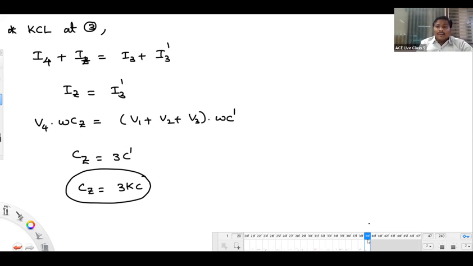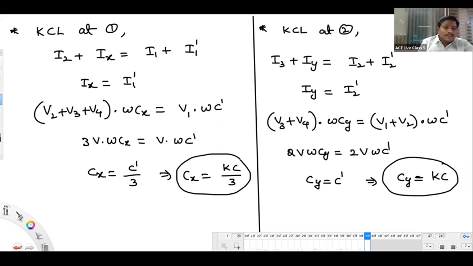Let's think back to these 3 terms. We have Cx, Cy, Cz now. I am rewriting Cx as 1 into Kc by 4 minus 1. 4 minus 1 is 3, so it is Kc by 3.